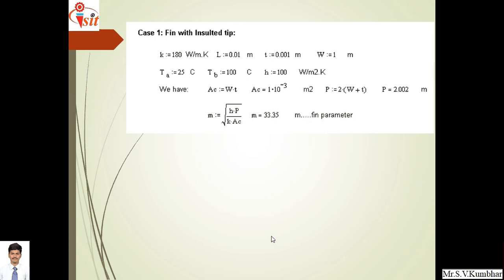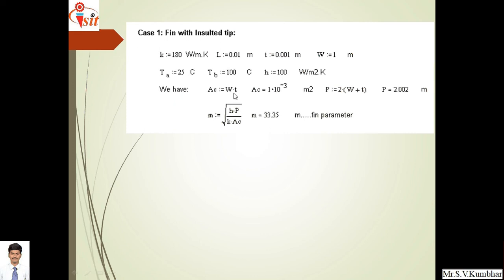Now case 1, fin with insulated tip. K is given as 180 watt per meter Kelvin. Length is given as 0.01 meter. Its thickness is also given, 0.001 meter. Width is 1 meter. So ambient temperature T∞ is 25 degrees centigrade and base temperature is 100 degrees centigrade. h is also given as 100 watt per meter square Kelvin.